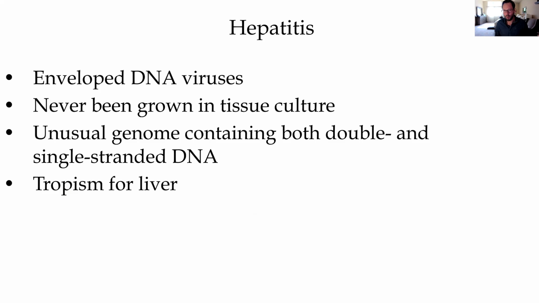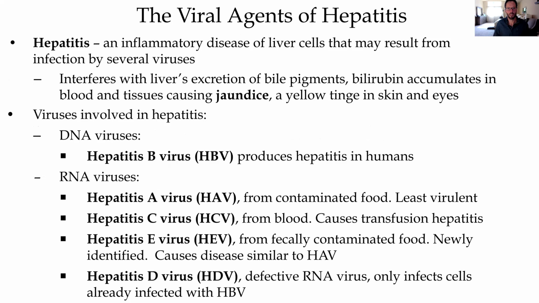And it gets its name hepatitis because it has a tropism for the liver. So it inflames the liver, hence hepatitis. There are many different varieties, and we'll go through these briefly. Hepatitis B is going to be in humans, and that is the DNA virus.